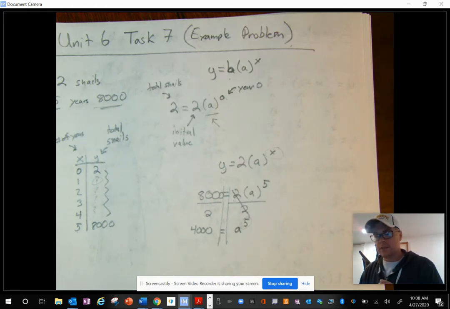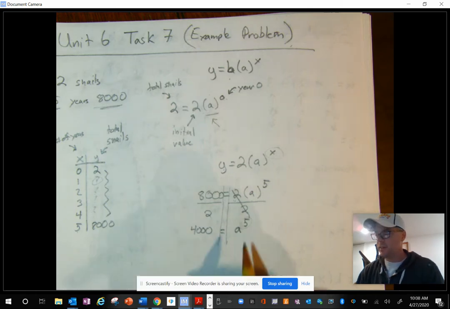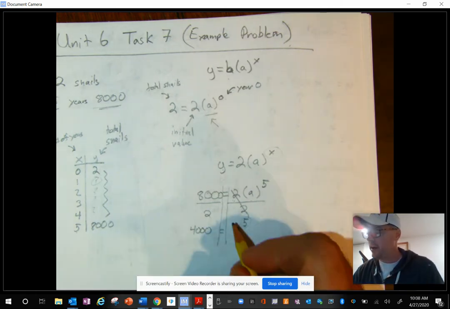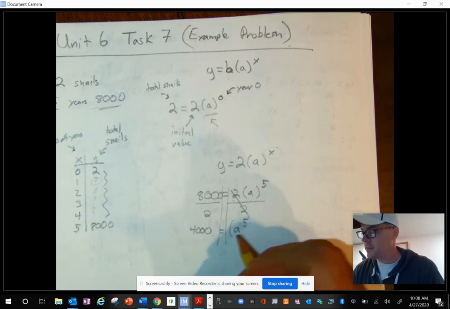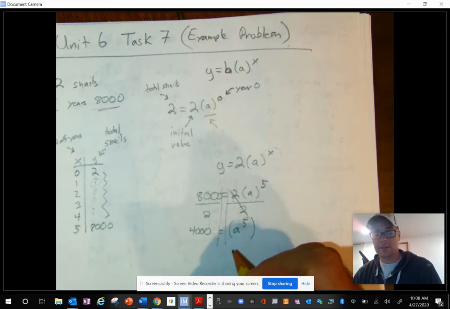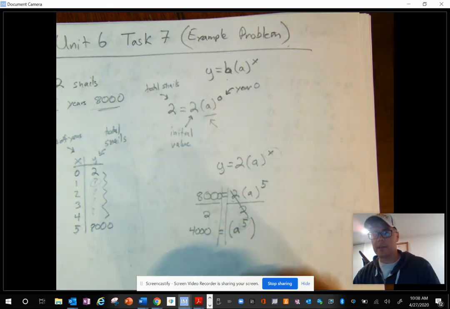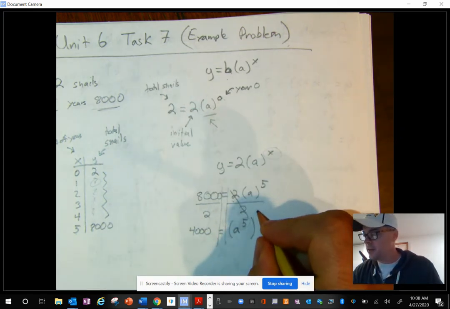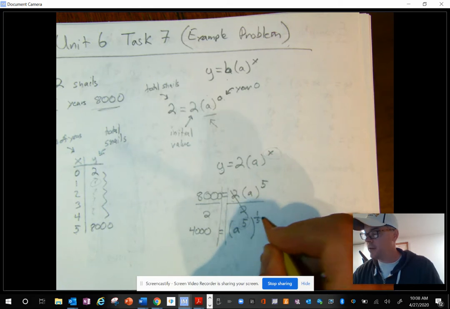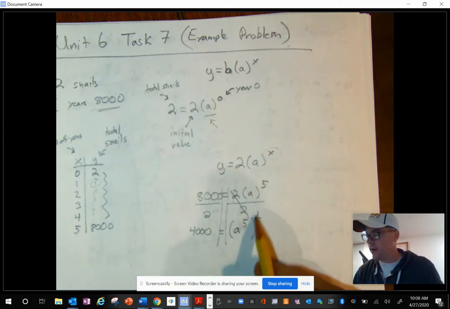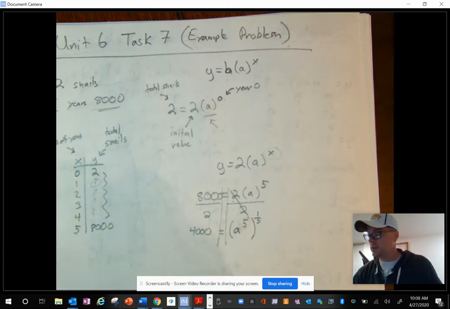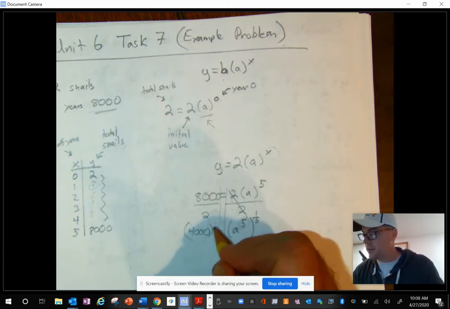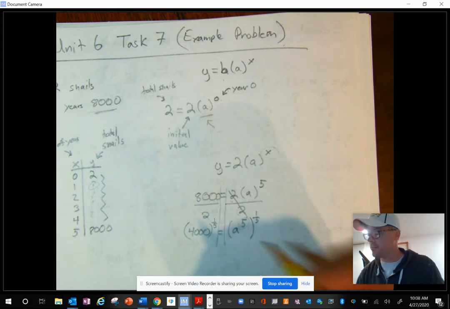So what I told you in last week's video was the easiest way to do that was to raise this entire side of the equation. This is called taking the power of an exponent. It's an exponential rule. I can raise this to the 1/5 power. So if I multiply this by 1/5, 5 times 1/5, that just turns it into a 1. So I have to do the same thing on both sides, 1/5.